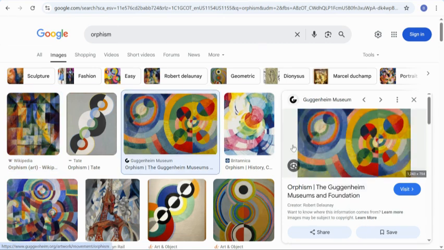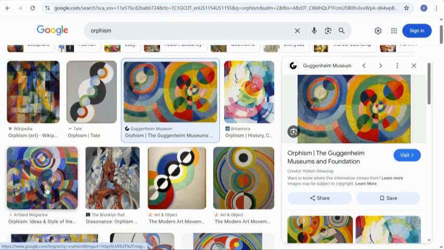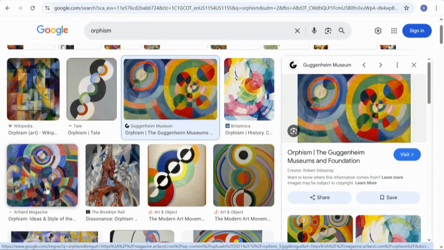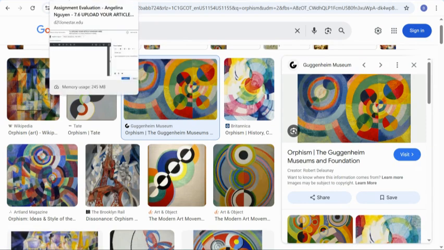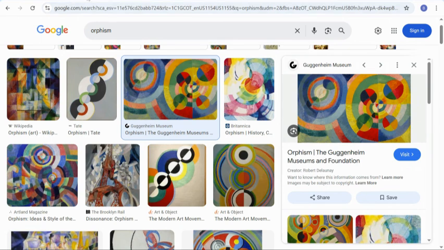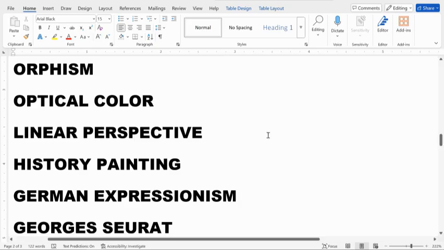Here's another one. Would you classify it as Cubism? Yeah, it's an offshoot of Cubism. You just have to know what it looks like. I think it's one of the extra answers. But when you see the word on the test, you should have a picture of it in your mind.